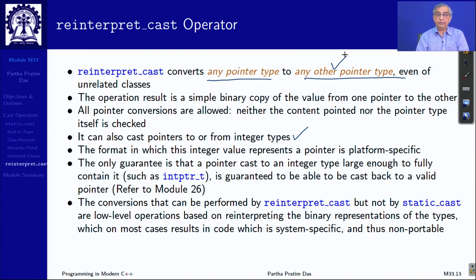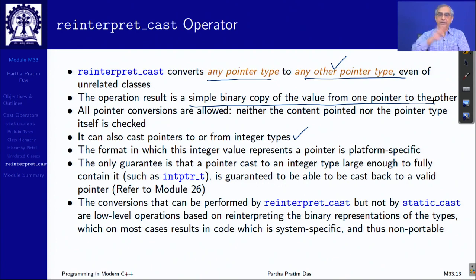Unlike static cast, where you can see that actually computations are being done, functions are getting called, you can implement logic internally, reinterpret cast is not like that. Reinterpret cast simply takes the binary copy of the source value and thinks it is the target value. It is just that.